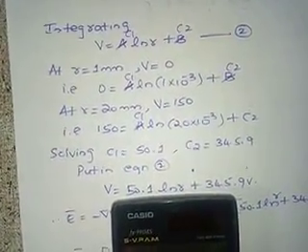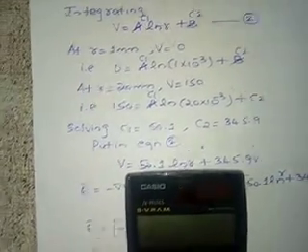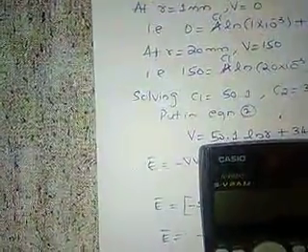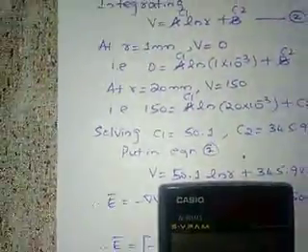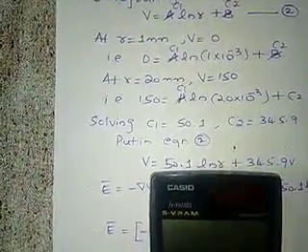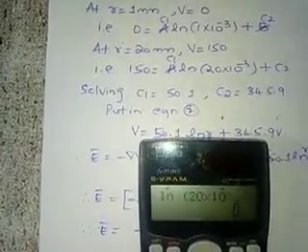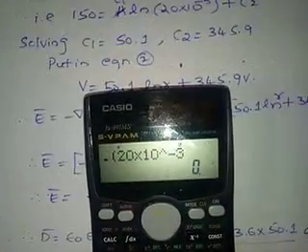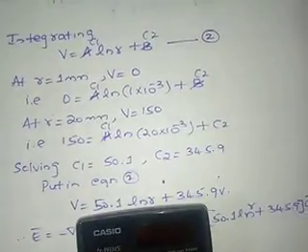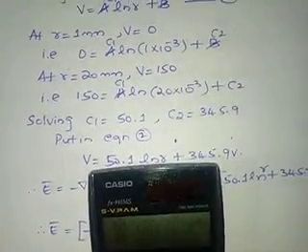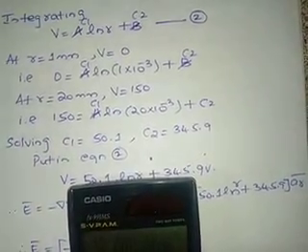Then ln of 20 into 10 raised to minus 3 will be minus 3.9. So one is 6.9, another one is 3.9. Okay, so if you substitute this minus 6.9 and minus 3.9, that will be minus 6.9 and minus 3.9.